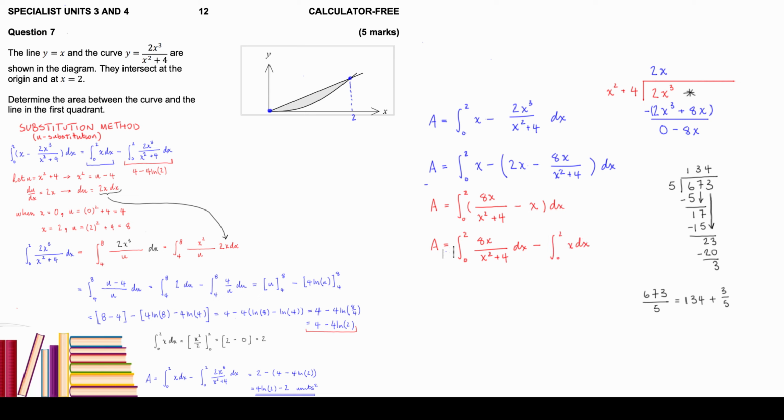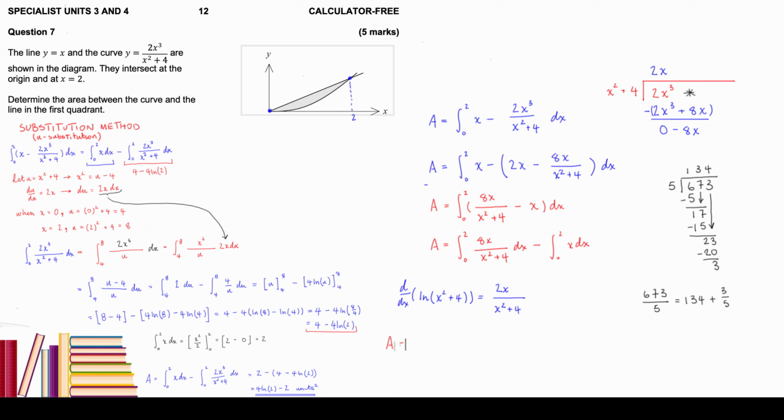Now, when trying to evaluate this particular integral here, guys, I'm going to recognize that the derivative of the natural log of x squared plus 4 is equal to 2x over x squared plus 4. Now, what I'm going to use this for is because this looks awfully similar to this. So my thought process is factorize out a part of this coefficient to ensure that this quotient looks like this.